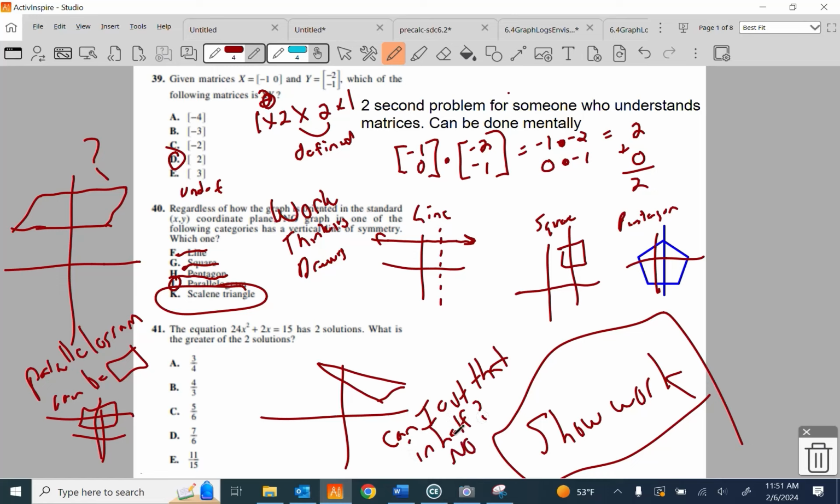The answer to that's no. So there's going to be a lot of kids who just draw the old 6th grade parallelogram and forget about the lessons they were trying to teach you in geometry. That a parallelogram can be a rectangle, it can be a square, it can be a rhombus. Correct answer to this one is the scalene triangle, K. And I reinforce that by drawing and thinking and extrapolating all that good, useful stuff.